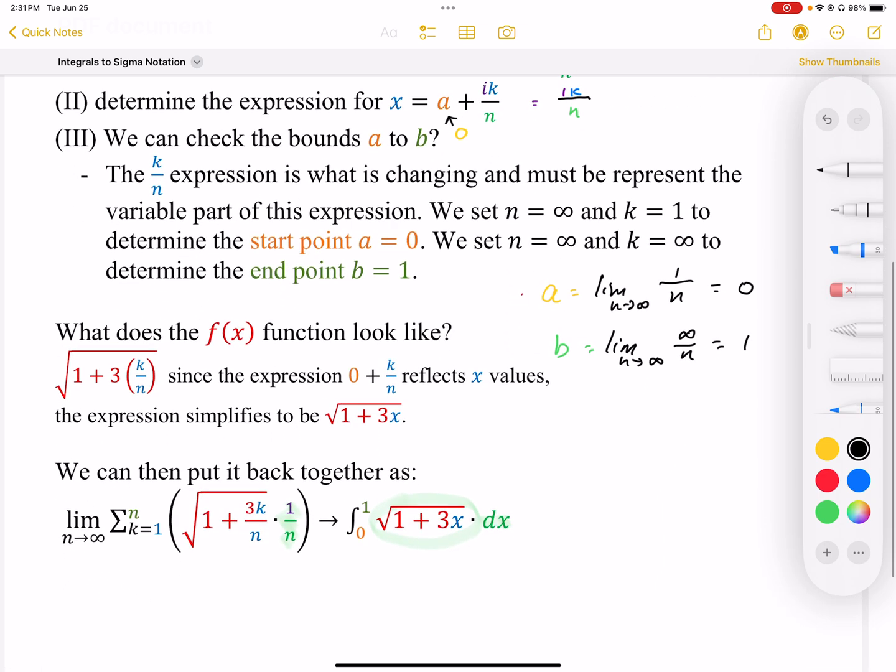Now we have established our f of x expression with an x. We've found our dx expression, and we've also established our bounds, the starting point and ending point, by working out the x value when k is 1 and the x value when k is infinite.